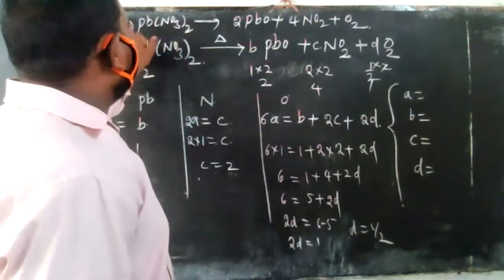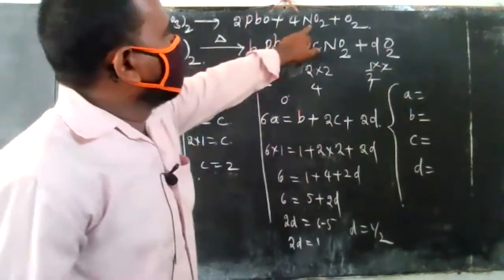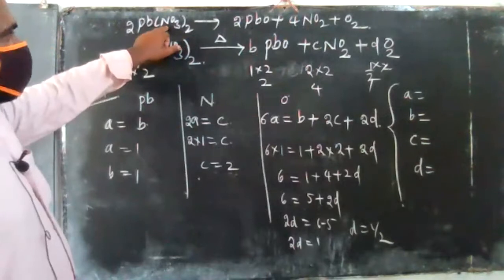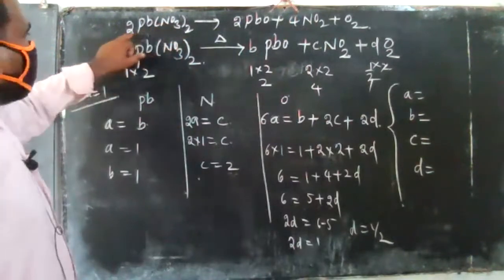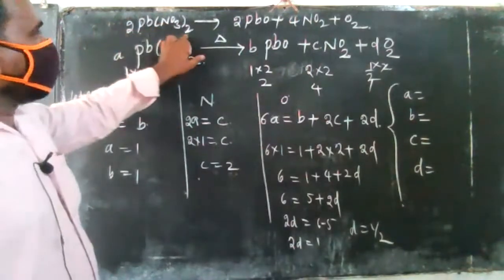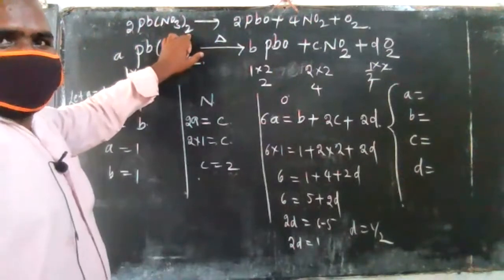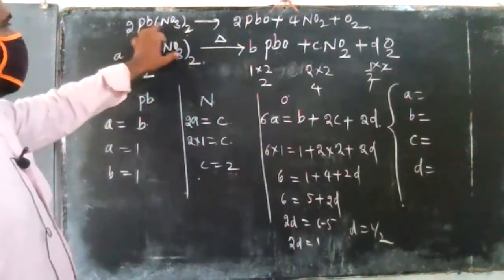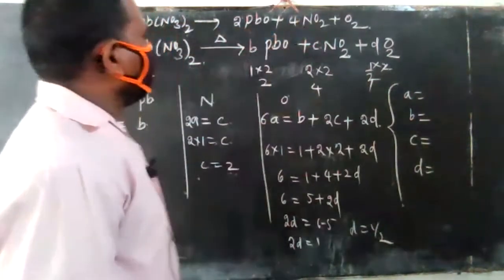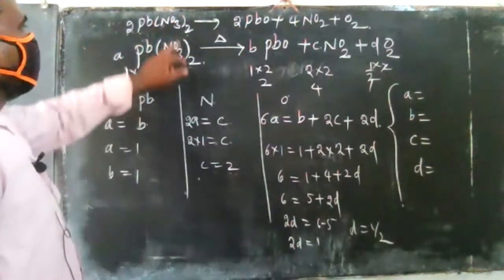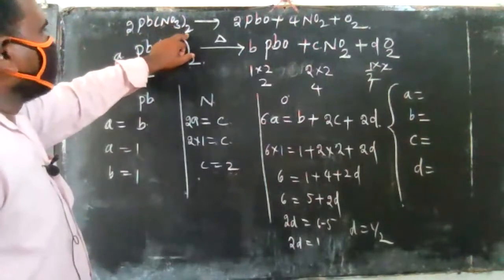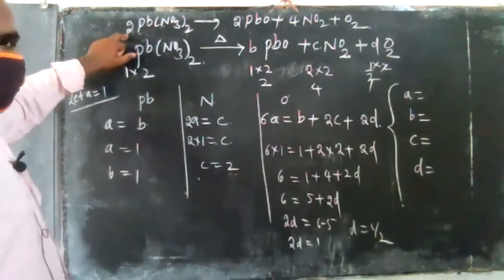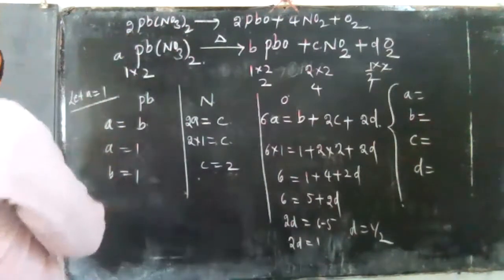This two belongs to the nitrogen, and this two belongs to this whole group. So it is 4 nitrogen. Now with oxygen, 3 twos are 6, 6 twos are 12. 12 oxygens are there.